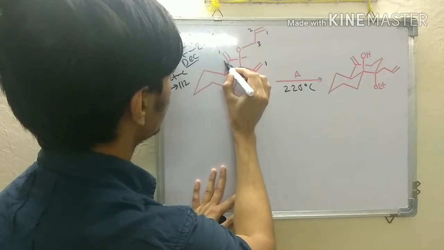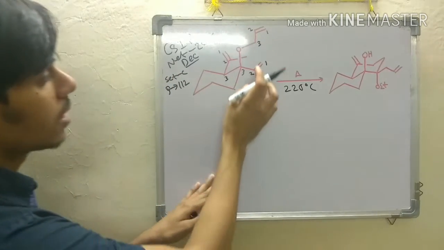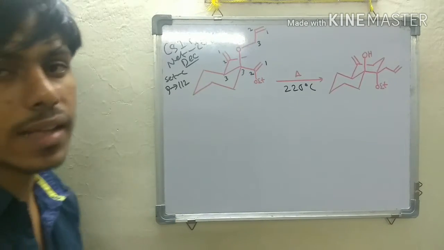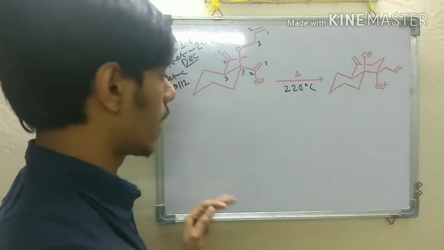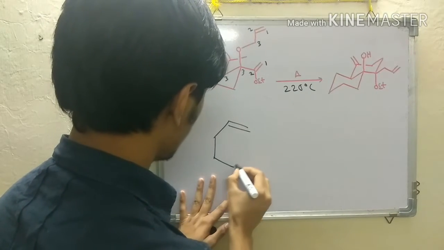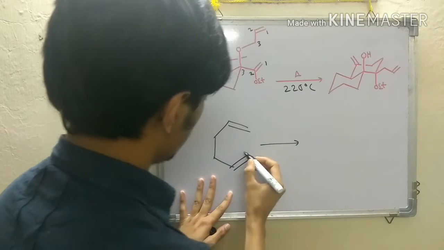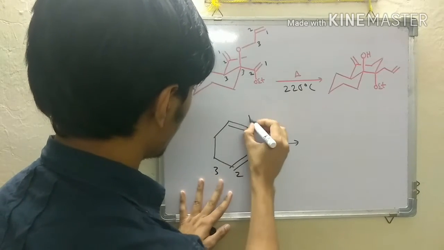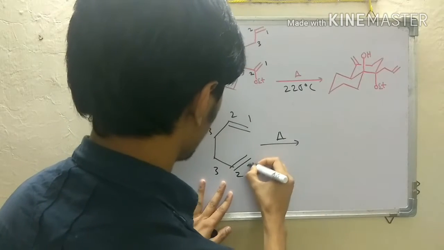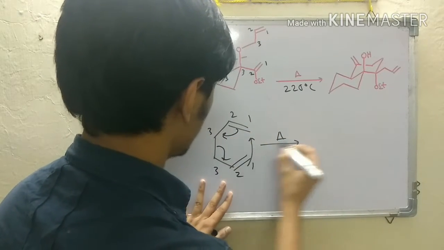This one is 1, 2, 3. You can see that this 1, 2, 3 and this 1, 2, 3 are related as a 3,3 relationship, and we just said that if a compound like this has a 1, 2, 3 and 1, 2, 3 relationship, it can rearrange like this.